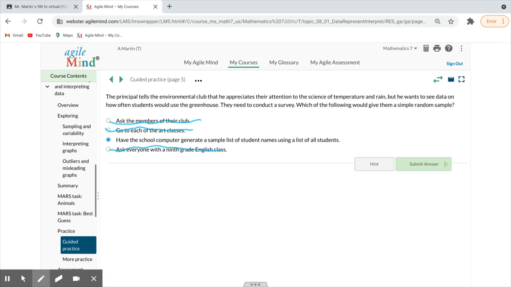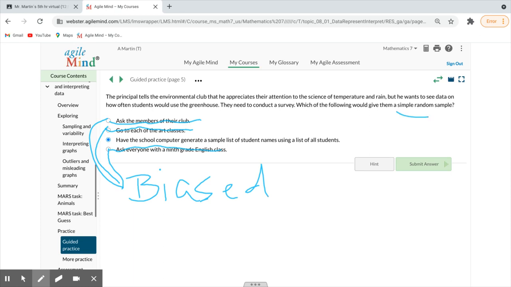No. So all 3 of these are considered what? Biased data. Meaning that it's opinionated. It's only dealing with one certain group of people. It's not dealing with the entire population. You're not representing everyone.